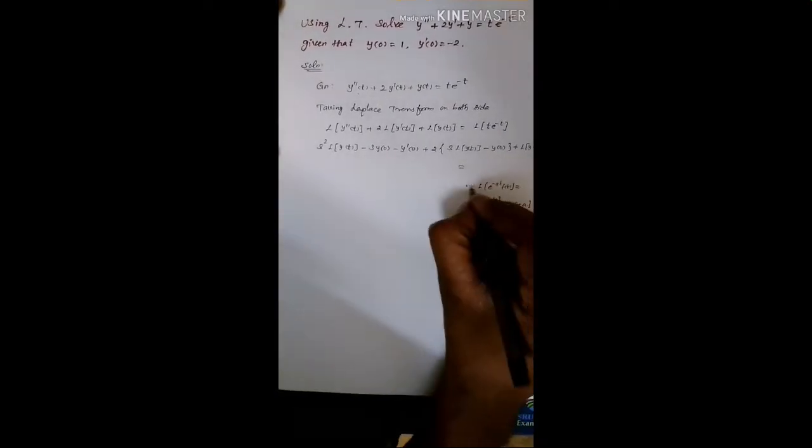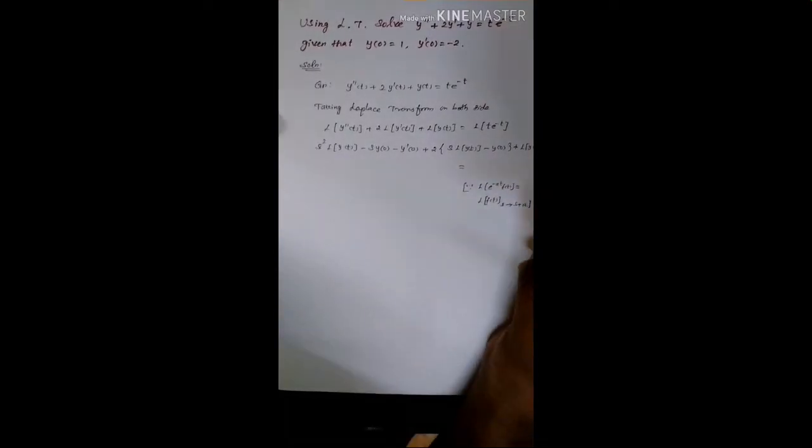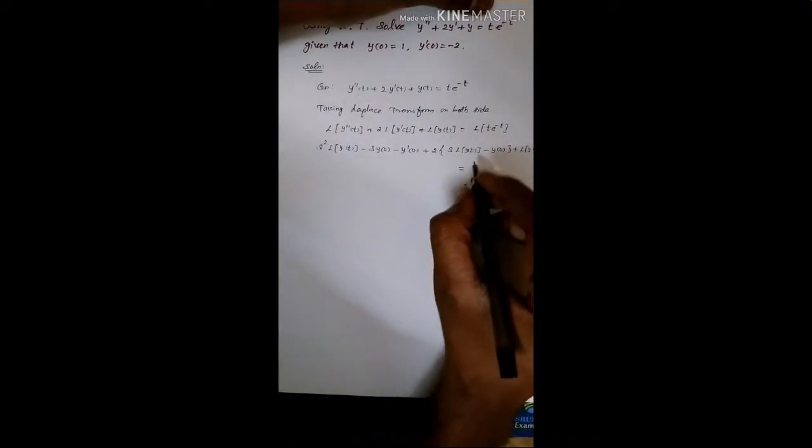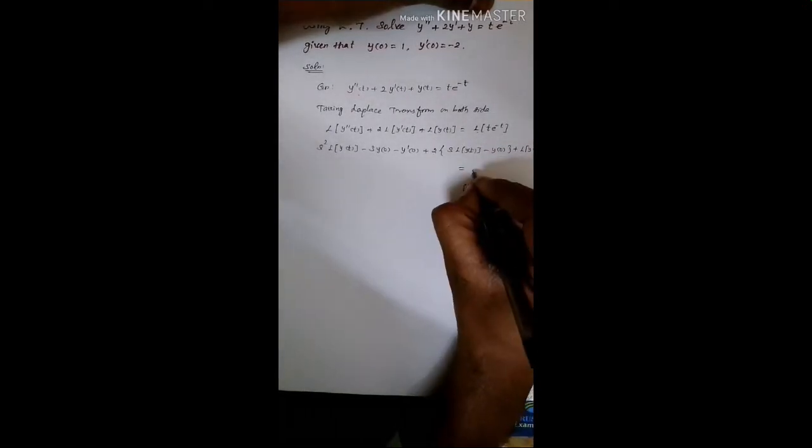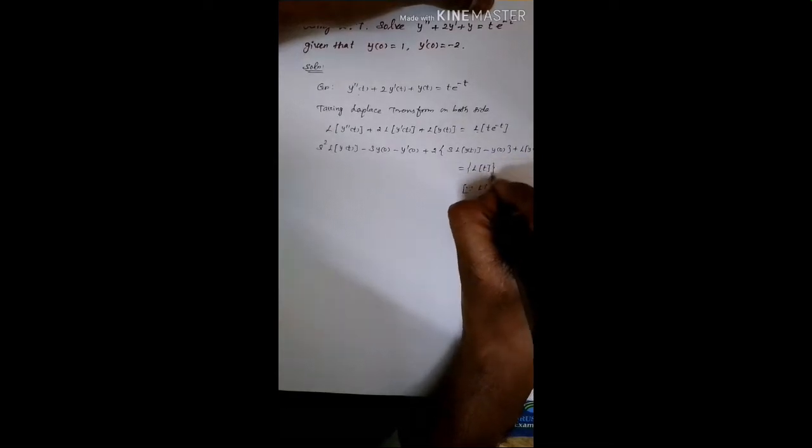This is the formula of the first shifting theorem. So using this we can write L of t e power minus t as L of t where s tends to s plus 1.